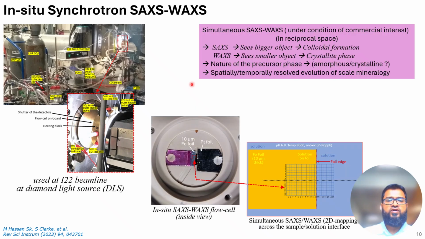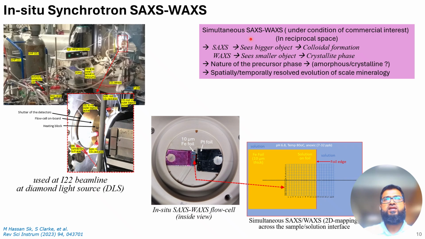the reason for using SAXS and WAXS simultaneously is that this is used in reciprocal space, so the small angle sees the larger object while the wide angle sees the smaller object.